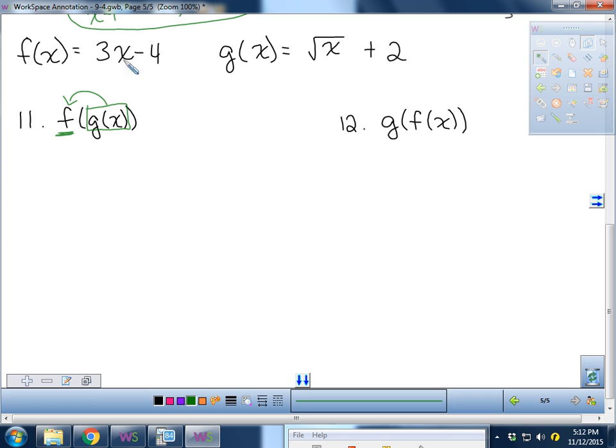But instead of writing the x, I'm going to put a parenthesis in its place. So parenthesis, and then you've got minus 4. And in that place, I'm going to put what the g of x is, which is square root of x plus 2.